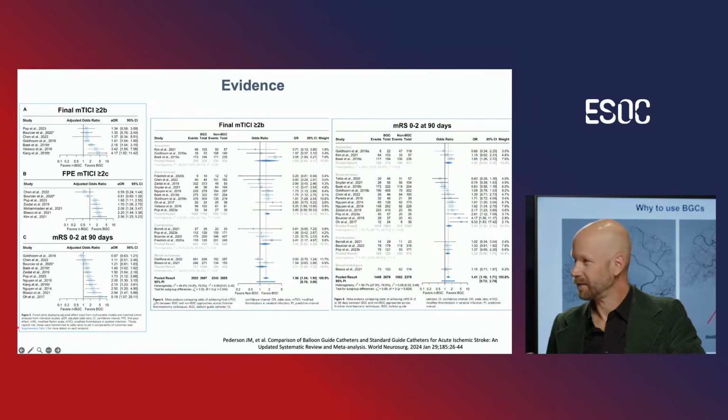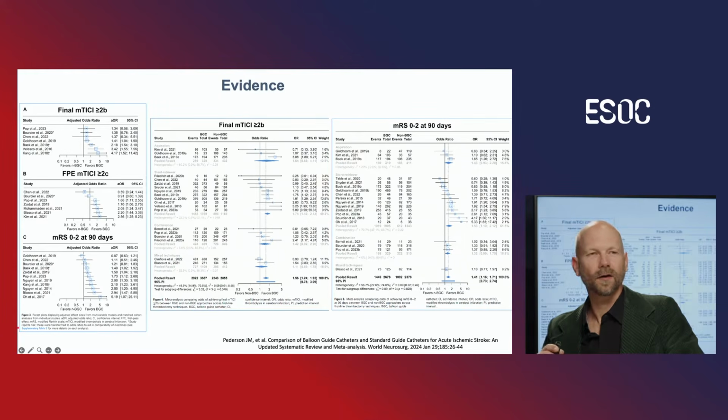And regarding the evidence that you mentioned, we actually have a lot of evidence. This is a review where you can see that in nearly all really important points, like TICI, so successful reperfusion, and also the mRS variables, so outcome data, they all show a benefit of using a balloon guiding catheter.